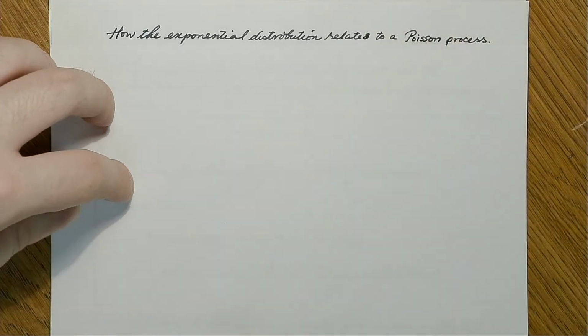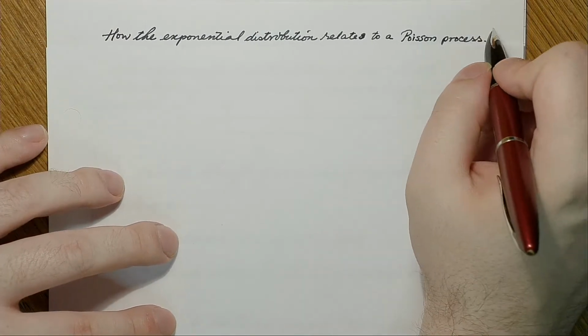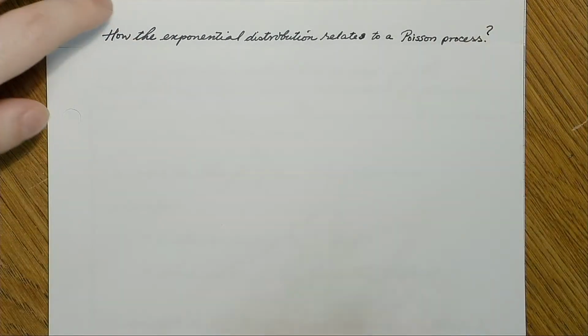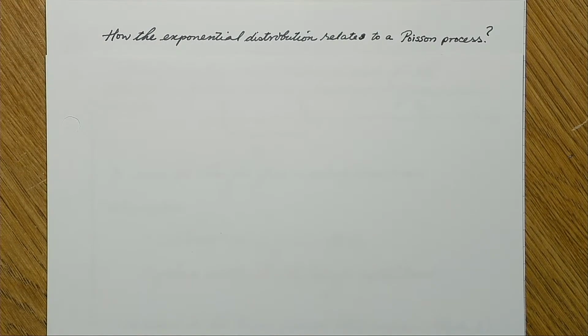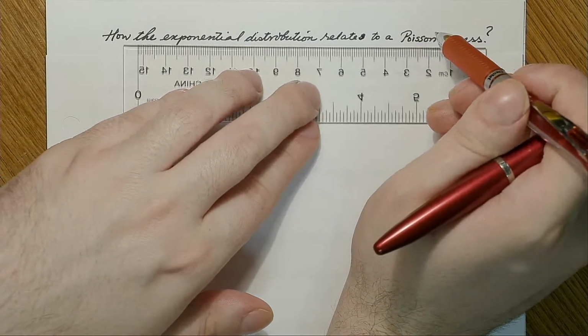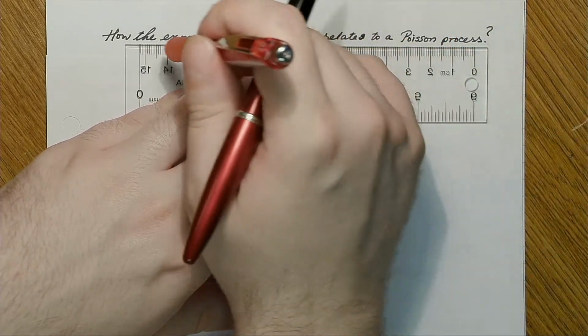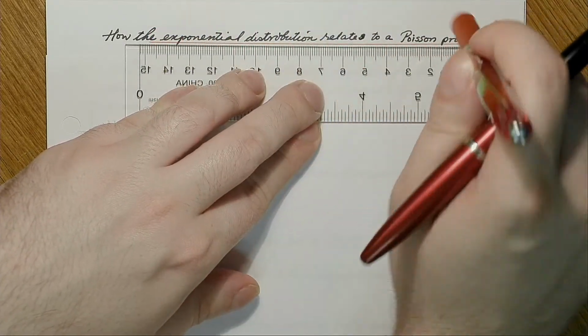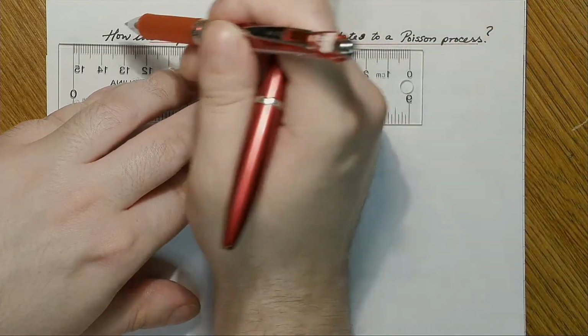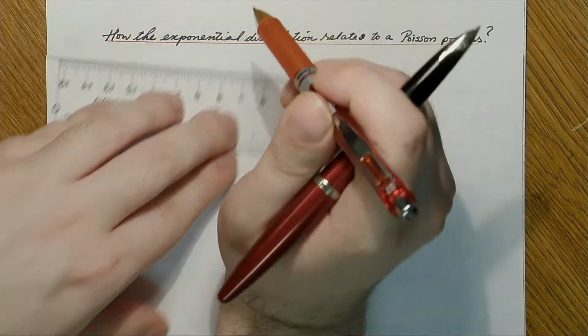Now we had covered that in chapter 3. We covered a Poisson process. And remember, the Poisson process, we called it a counting process. It counts the number of occurrences of events in a certain amount of time.